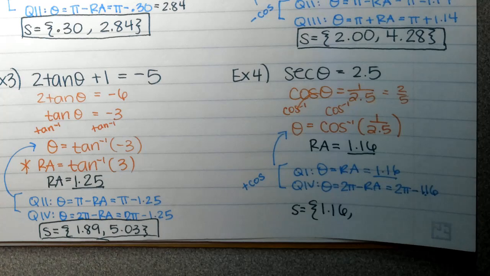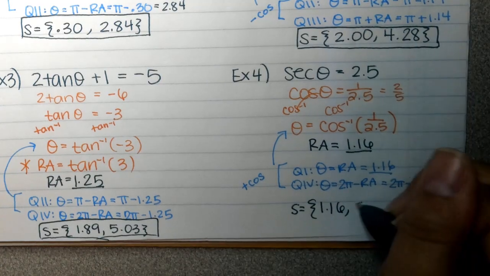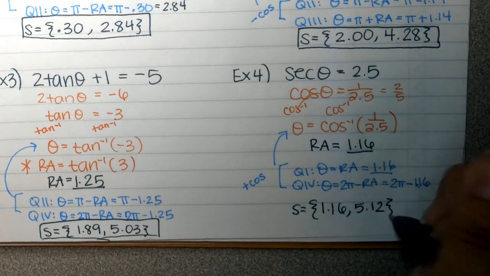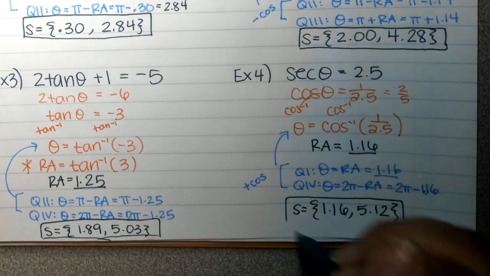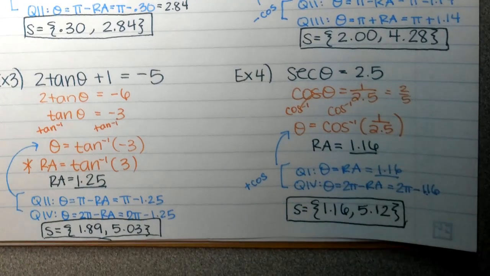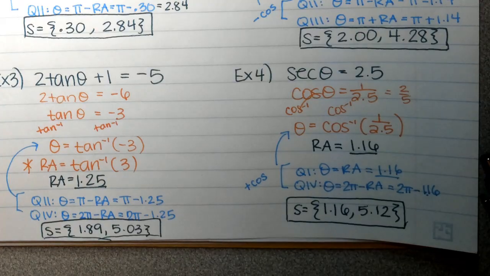What do you get? 5.12. Do I have any questions? Don't close your notebooks just yet. Do I need to show how I did anything in the calculator? We're okay?